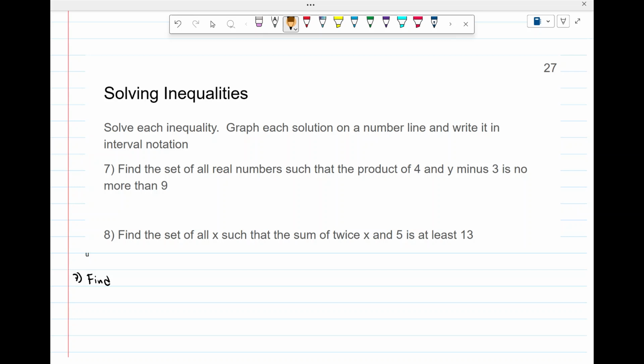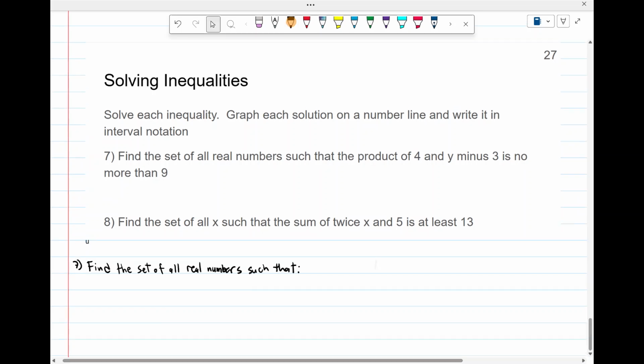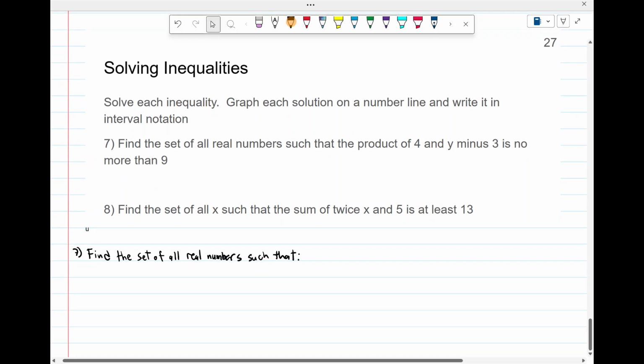So I'm going to write down this whole sentence. Find the set of all real numbers such that, and to be honest, all of this part is just telling you to solve for y. And the next part is what's important.